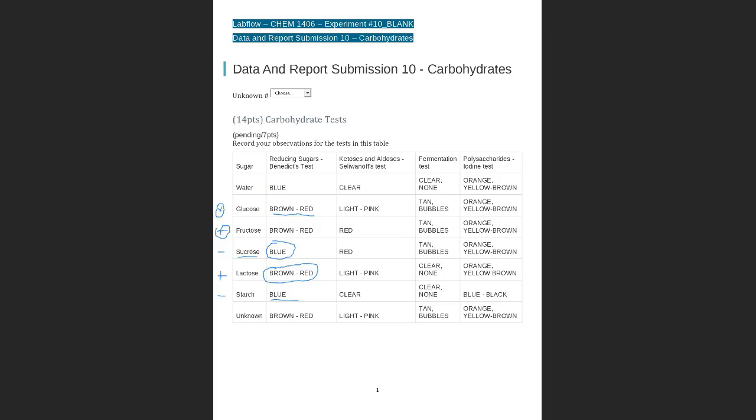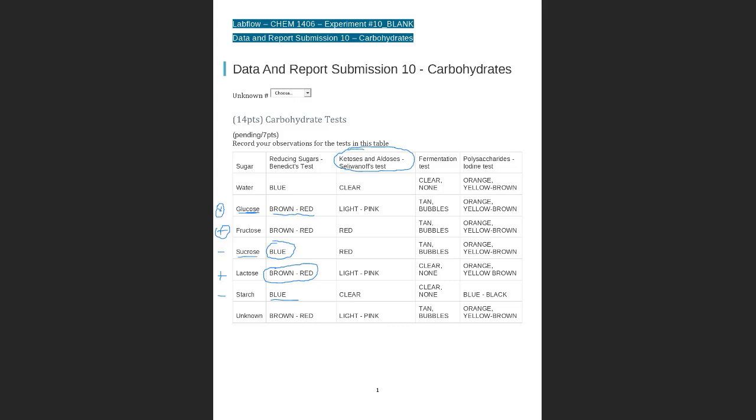Let's look at the ketoses and aldoses. Just to check if you have an aldose or if you have a ketose, right? And what did we say? For example, for glucose, we know it's an aldose, right? Because when we look at the formula in carbon 1, we have an aldehyde group. So we know that glucose is an aldose. Does it match with the Seliwanov test?